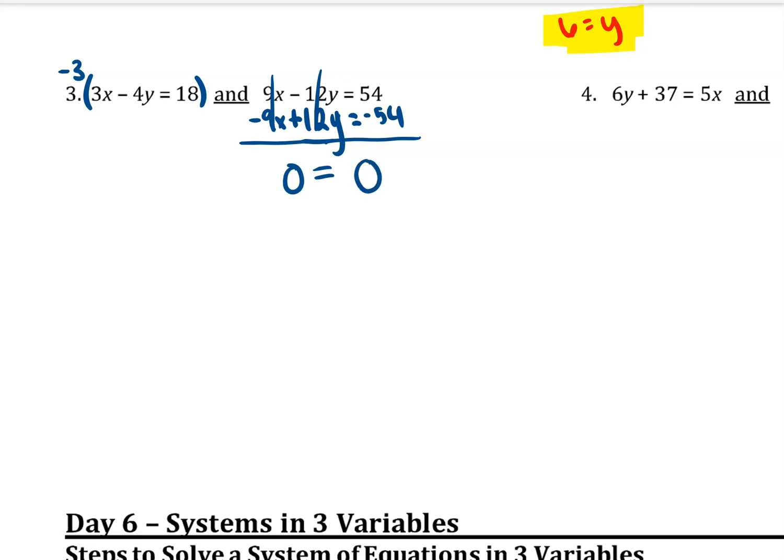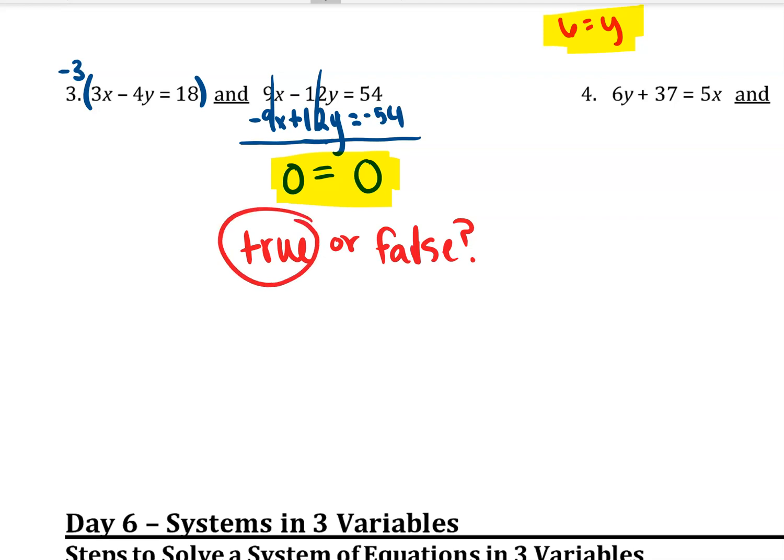So we look at this right here and we ask, is that true or false? That is a true statement. 0 is equal to itself. If it said 0 equals 7, that would be an issue. But that is a true statement, which means our answer is going to be, sorry, not all real numbers.